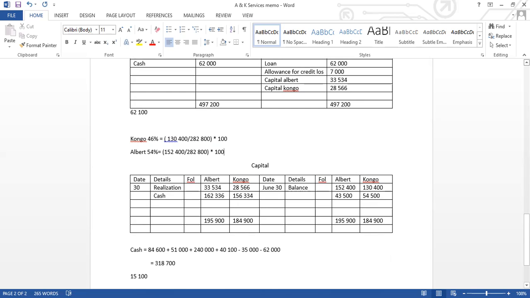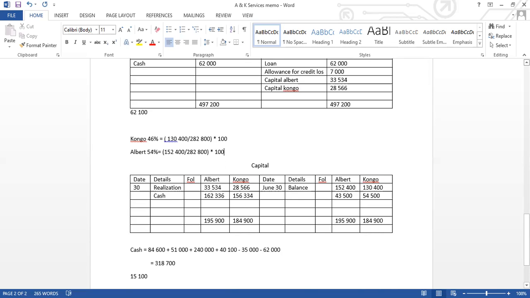We are done with all our asset accounts and current accounts because we closed them off. We are done with all our assets and liabilities accounts because we closed them off to our realization account. Now we are done with our realization account because we close it off to our capital account. Currently, it's only the bank and the capital account.